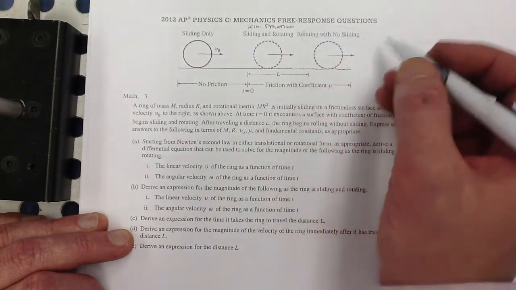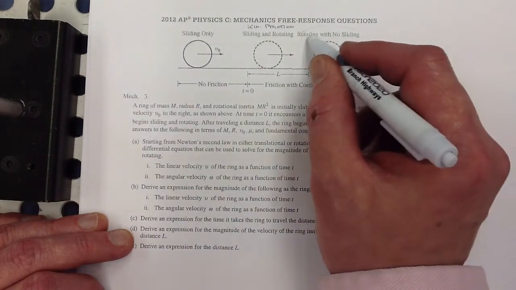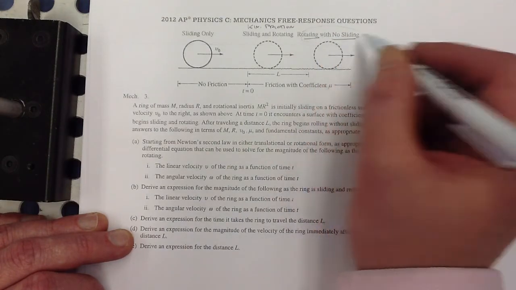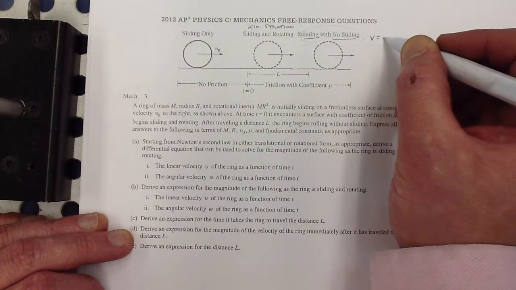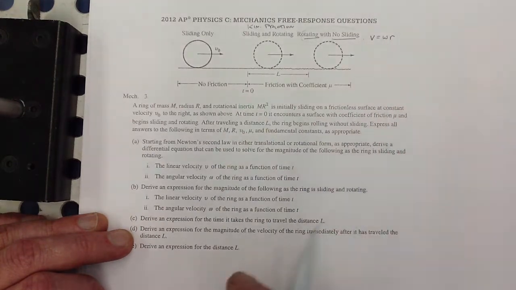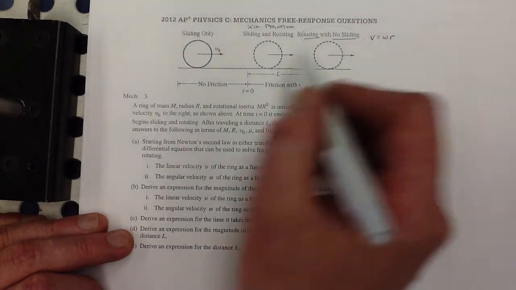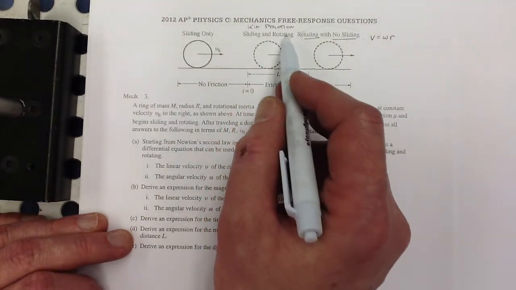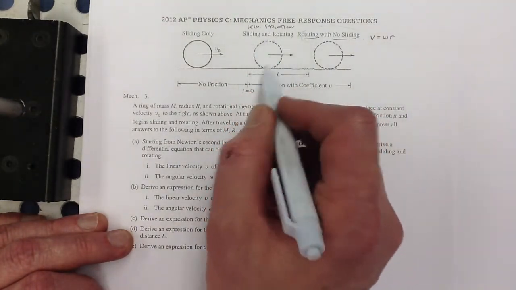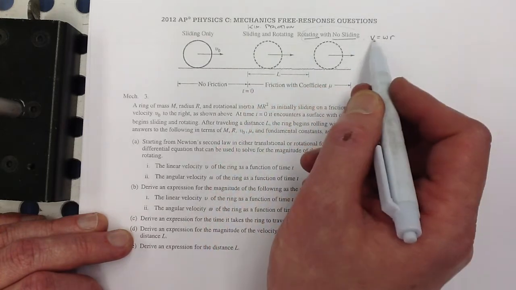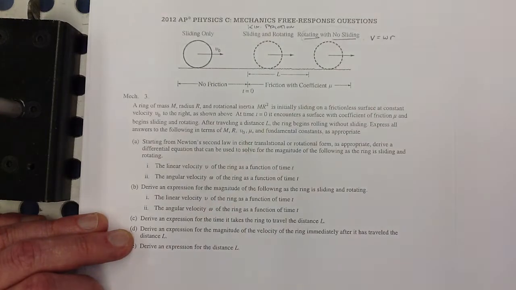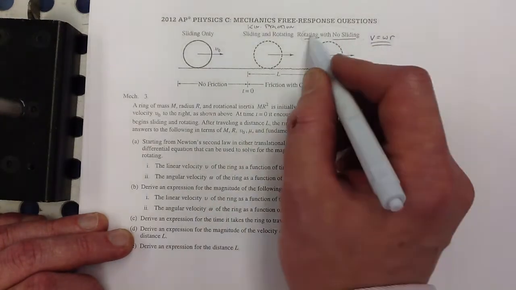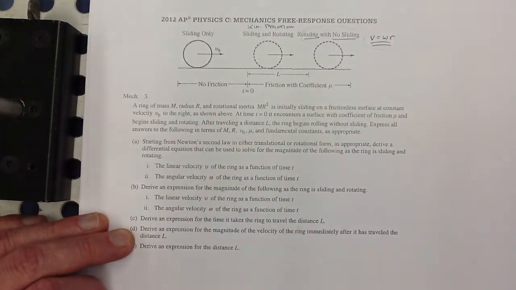Here, that means there's static friction, and the real key to this is that when you are rotating with no sliding, your velocity is equal to omega r. That's not true here. If you're sliding and rotating, your omega r would be a little bit more than your v, because some of your omega is not actually translating into rolling. So this is key: when you're rotating with no sliding, that needs to be true.